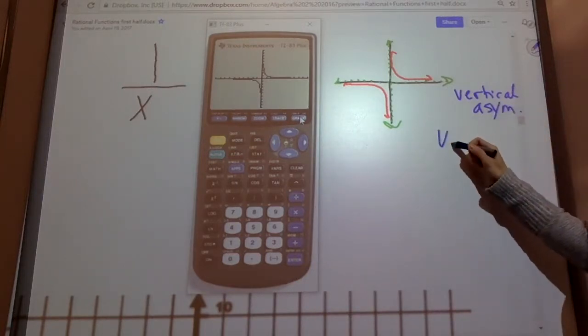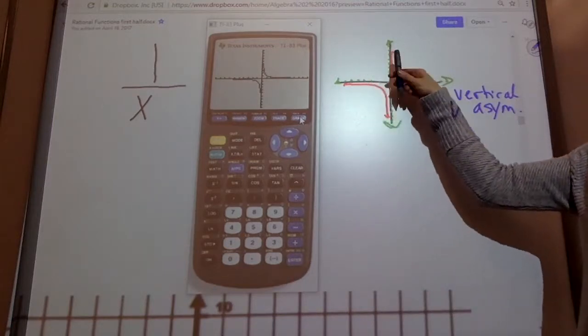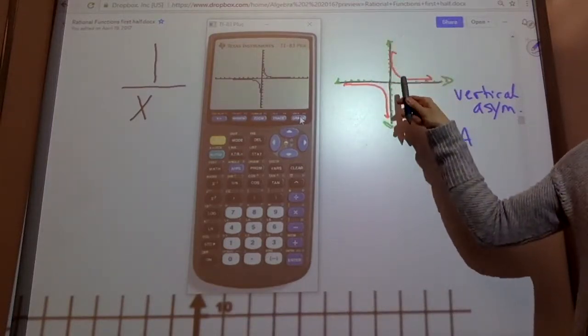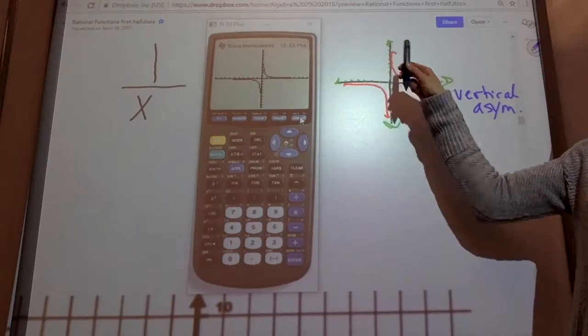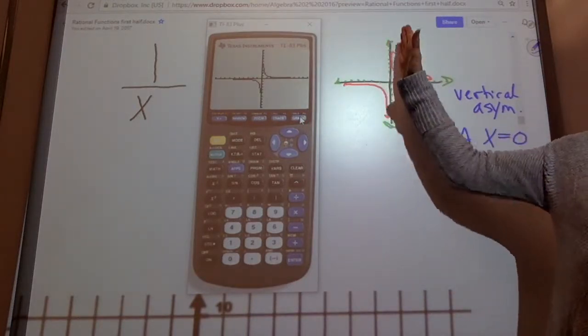We can abbreviate vertical asymptote as VA. Our vertical asymptote here is at x equals 0, so our graph will not cross that line at x equals 0.